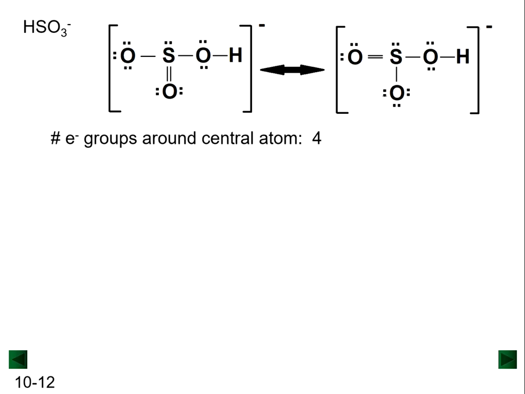You should come up with 4 electron groups around the central atom: a lone pair, a double bond, and 2 single bonds. Now there are 2 different resonance structures, but they'll both give you the same number of electron groups around the central atom. That's important.